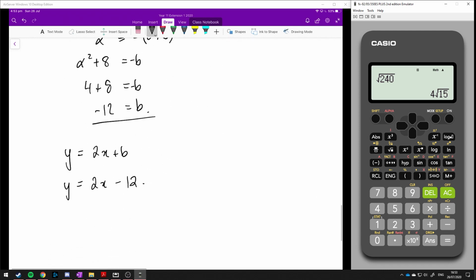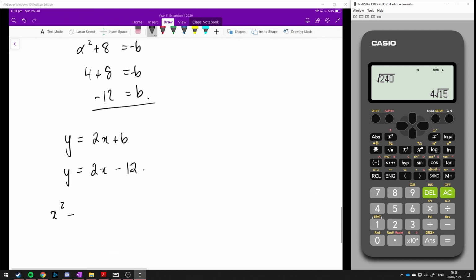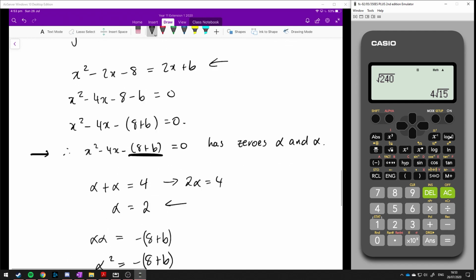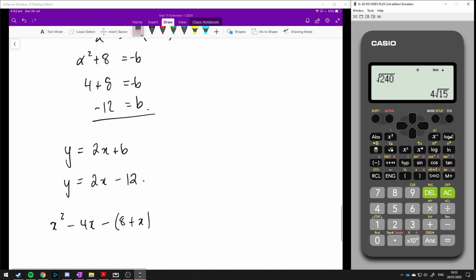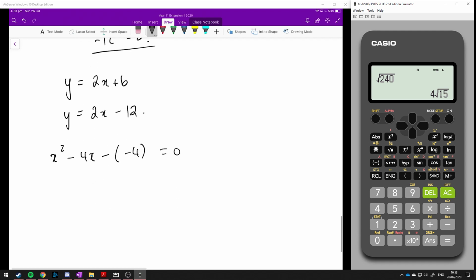So x squared minus 4x minus 8 plus b, so it's minus 12 now. So that would be minus 4 is equal to 0. So x squared minus 4x plus 4 is equal to 0.